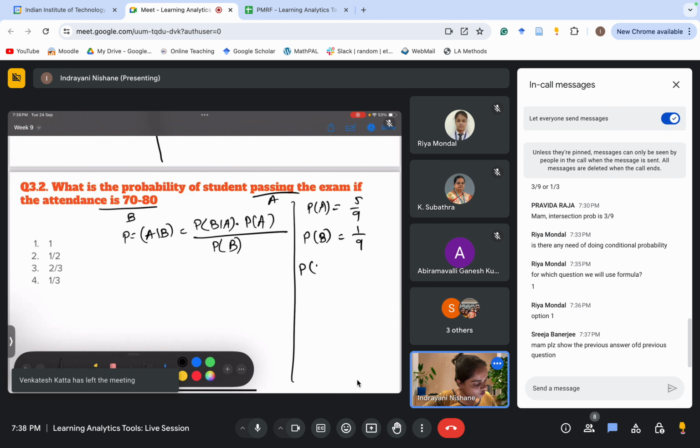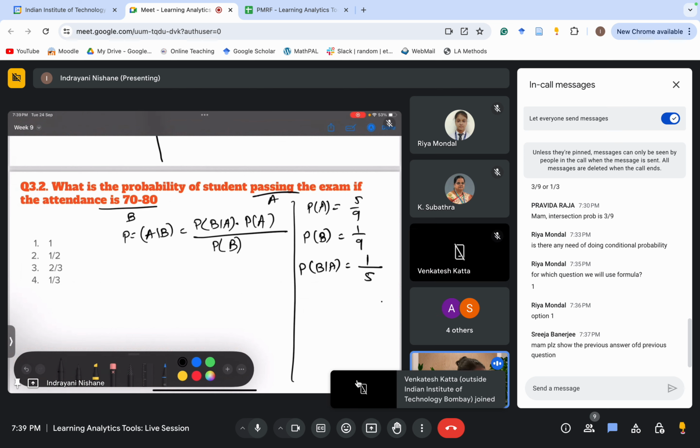Probability of B given A: out of all the passed students, how many students have passed? 5. And how many have attendance between 70 to 80? 1. From the frequency table, this is what we have gotten.